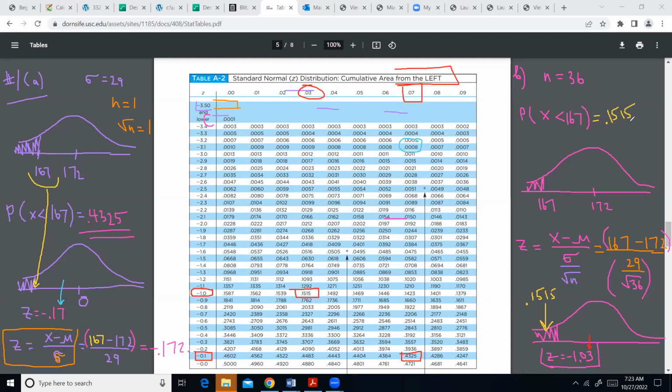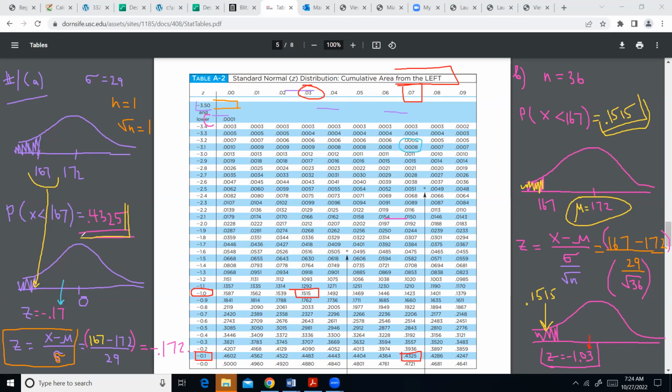So notice that if you look at the average weight of 36 males, the average weight should be closer to the average weight of all males. Should be closer, so the chances that they all are much lower on average is only 15%, compared to what we had for one male, that was 43%.